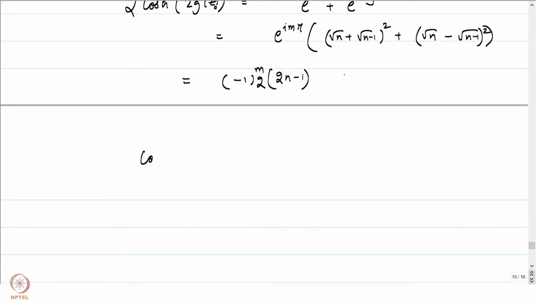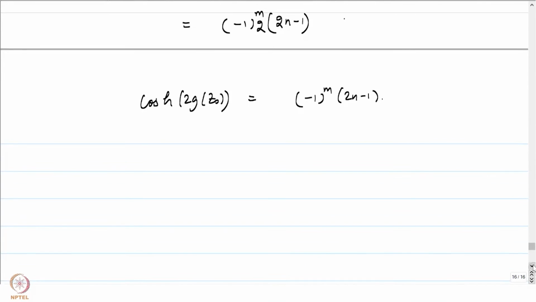So what do we have? Cosh of 2g of z0 hence is going to be equal to minus 1 to the power m times 2n minus 1, where 2n minus 1 is going to be an odd number now. For any integer n, 2n minus 1 is going to be an odd integer. Now if you look at minus exp of pi i times cosh of 2g of z0, this is going to be equal to minus exp of pi i times minus 1 to the power m times 2n minus 1.